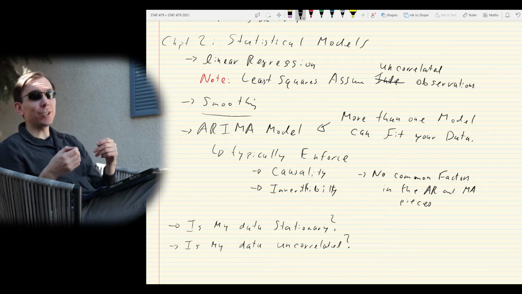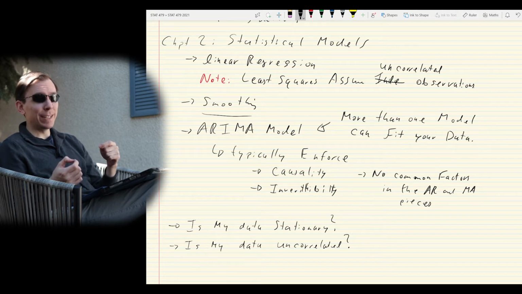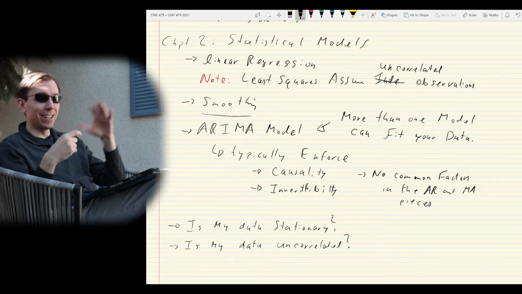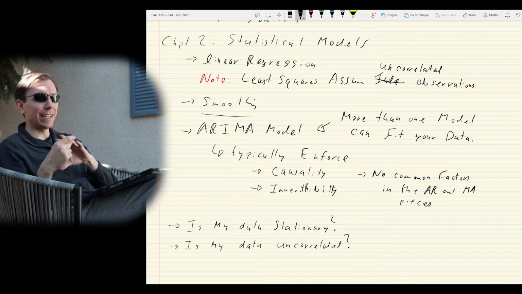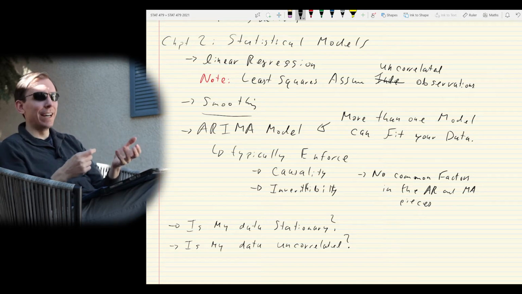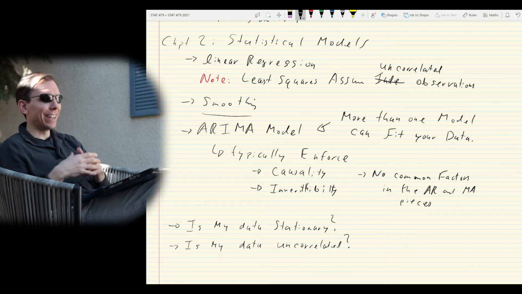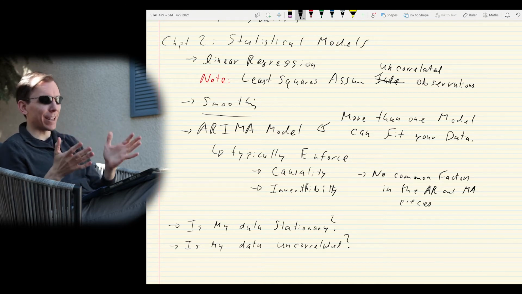So when you do one of these unit root tests, your null hypothesis is saying that I believe my root lies on the unit disk. And the alternative is that it does not. So the null hypothesis is that my time series is non-stationary, with the alternative hypothesis being that it is stationary, that all of the roots lie far enough away from the unit disk that we can claim safely that we have a stationary time series process.